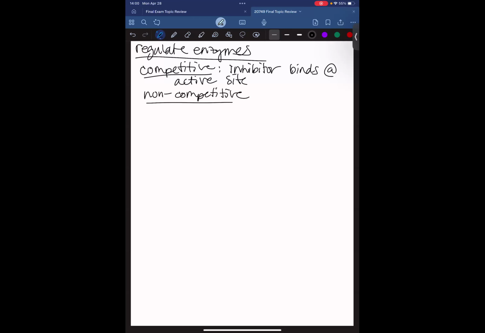In non-competitive inhibition, the inhibitor binds at the allosteric or regulatory site. Basically, not the active site, somewhere else. The active site is where the substrate binds.